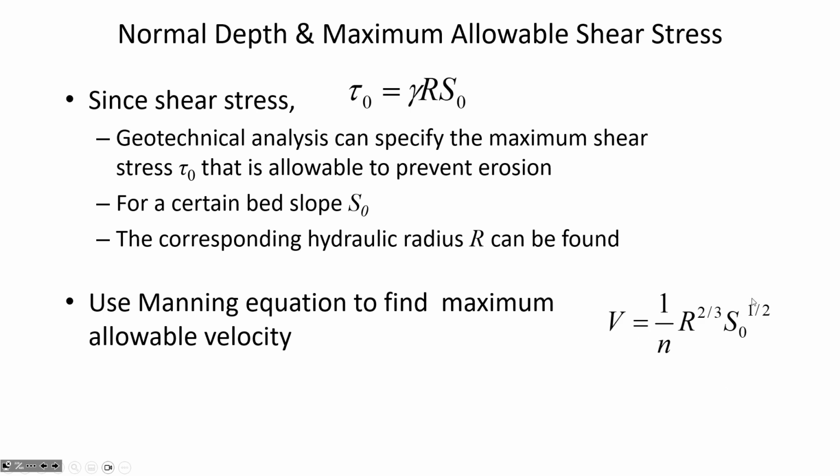And then once you know the tolerable channel geometry based on a given slope and shear stress of the soil, then you could substitute the hydraulic radius into Manning's equation and then find out what's the maximum allowable velocity. So the speed of the water as it's flowing through the channel, if it exceeds a certain velocity, then that would mean it's applying too much shear stress, and then that means that there's scour occurring.